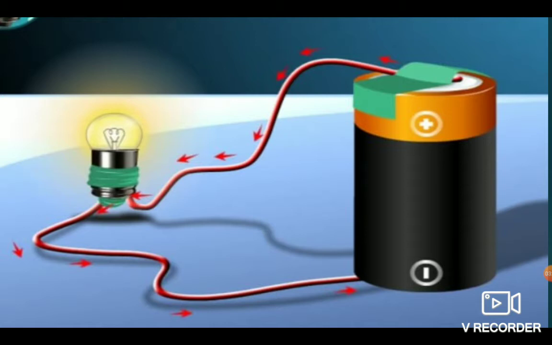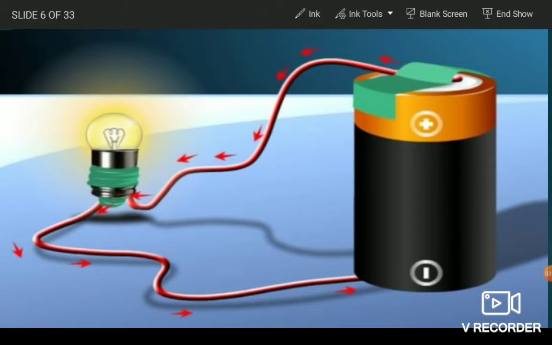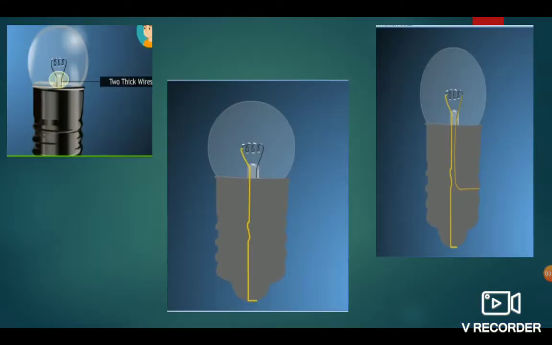As you can see here, this part of the bulb is connected to the positive terminal of the cell, and this part is connected to the negative terminal of the cell. Then electricity from the cell passes, as expressed with arrow signs, through the filament and it starts glowing. These are the two terminals of this bulb.